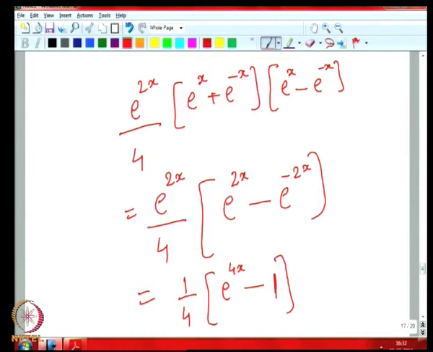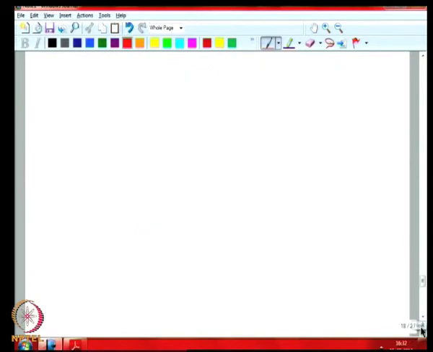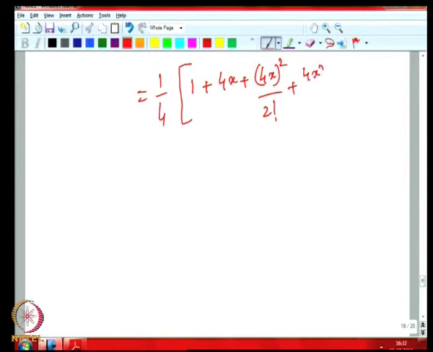So now this is 1 by 4 into e to the power 4x expansion, 1 plus 4x plus 4x whole square by 2 factorial plus 4x whole cube by 3 factorial plus like this, and finally you have to minus 1, right.